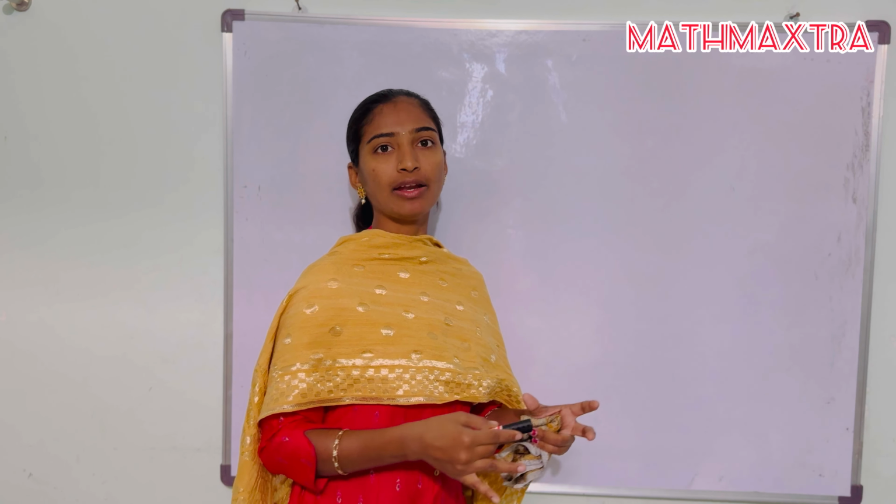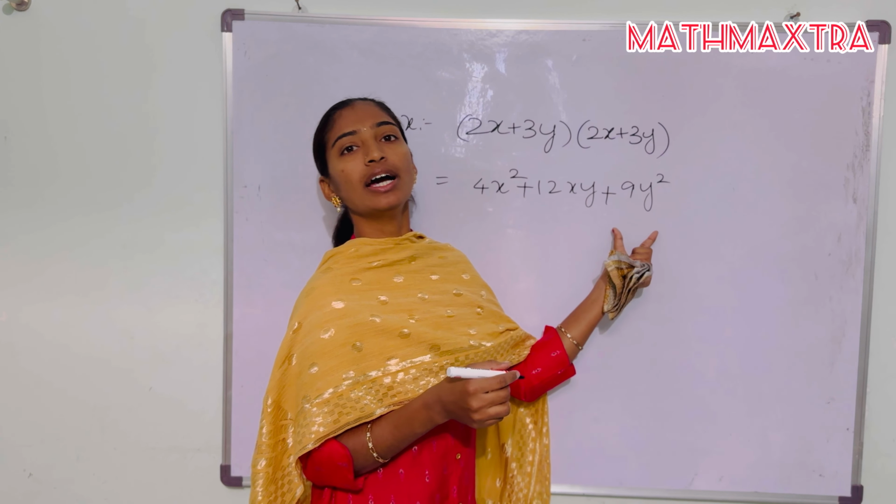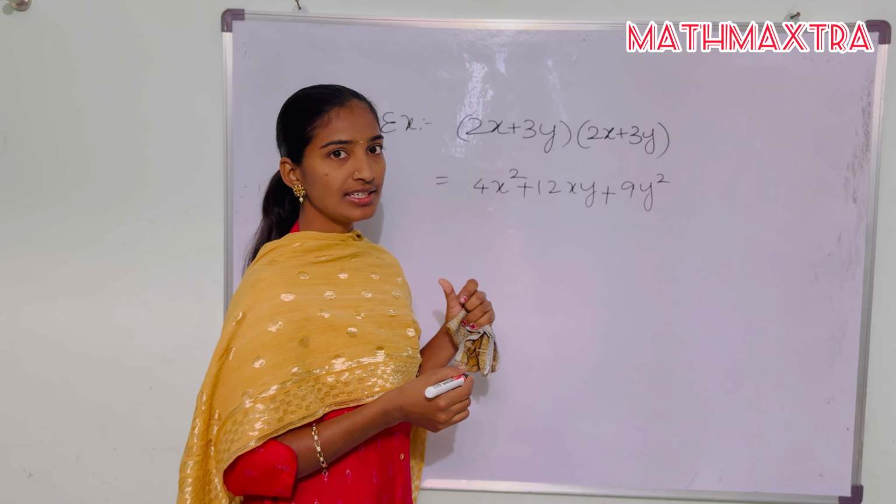Then the product of these two binomials contains how many terms? Now we will see. This is like (a plus b) whole square. So obviously it contains how many terms? 4x square plus 12xy plus 9y square. So it always contains 3 terms in the product, isn't it?